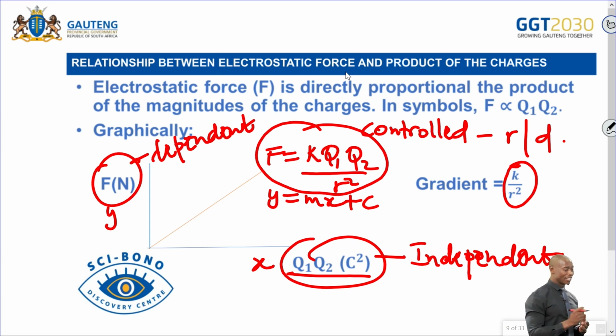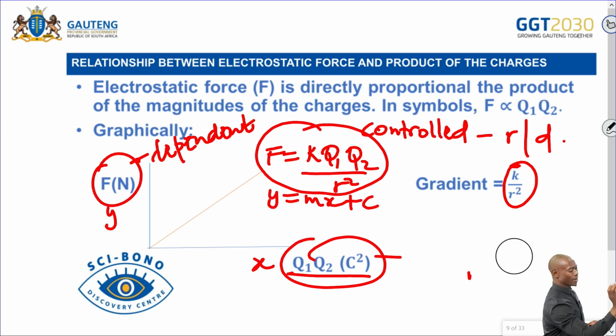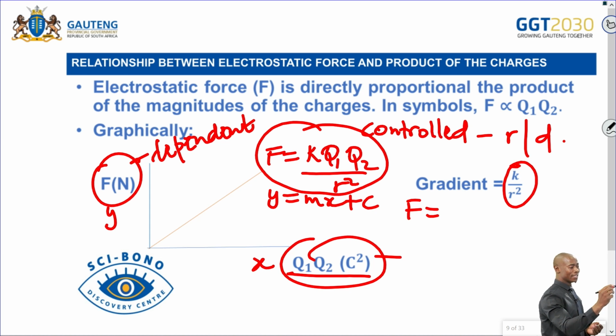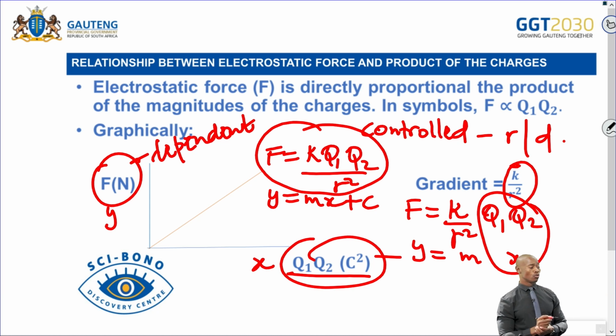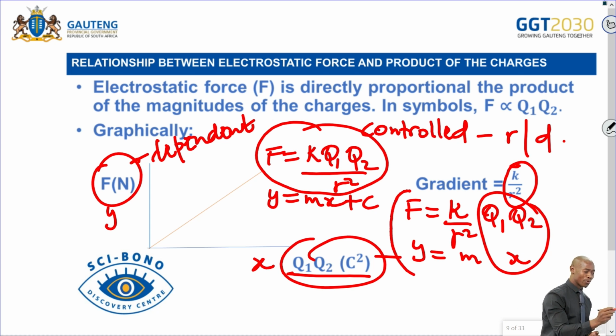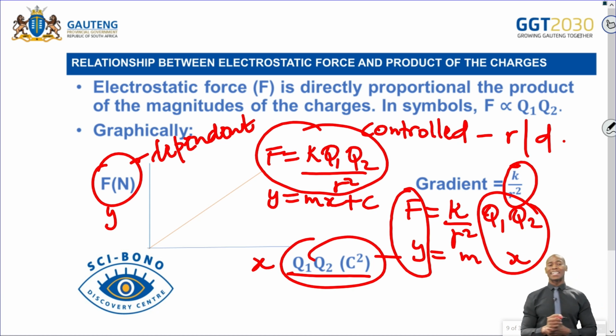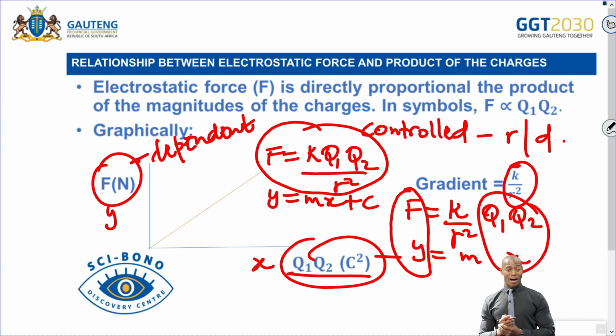So if we arrange, we have F equals K Q1 Q2 over r squared. It will be K over r squared times Q1 Q2. This is y equals mx. Remember, our x should be Q1 Q2 and our y should be F, which means that the gradient of this graph represents K over r squared.